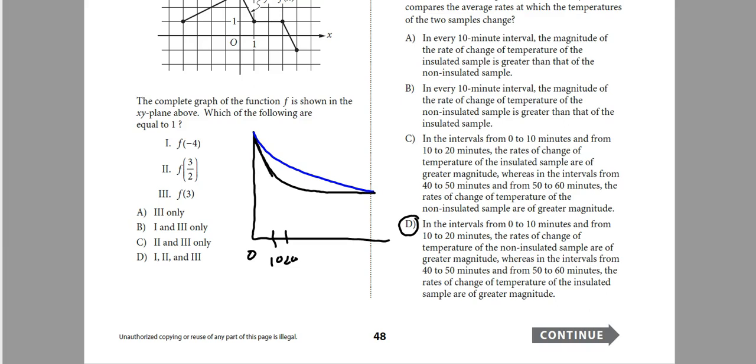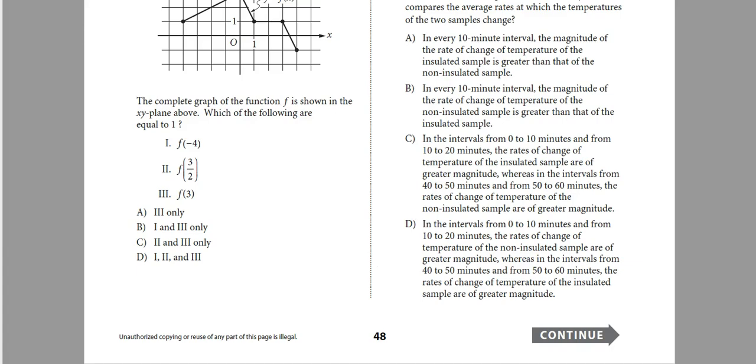But in the intervals from 40 to 50 and 50 to 60, towards the end, the rate of change of the insulated sample is greater because it is still dropping, and the other one is pretty much staying the same. That's why D is the correct answer. All the other answers have the intervals mixed up, and they don't match what the picture says.